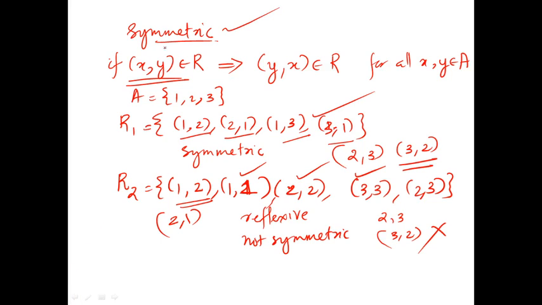In connection with the total number of symmetric relations, please note that if the cardinality of A is equal to n, then the total number of symmetric relations will be 2 power (n square plus n) by 2.